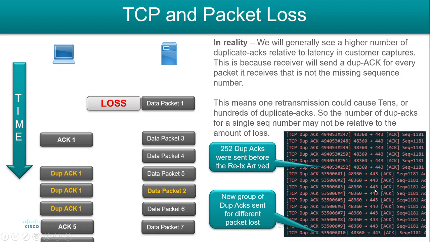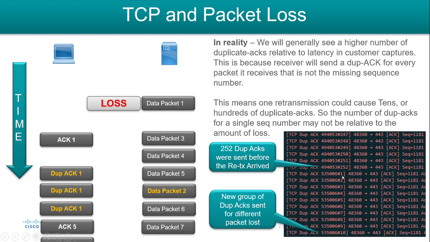And here, in a real world example, we could see that Wireshark is telling me this is the 252nd duplicate acknowledgement for packet number 494053. So we had over 250 duplicate ACKs, and then down here is some more evidence of loss, but for a completely different packet.